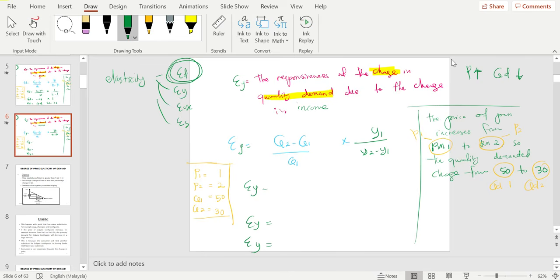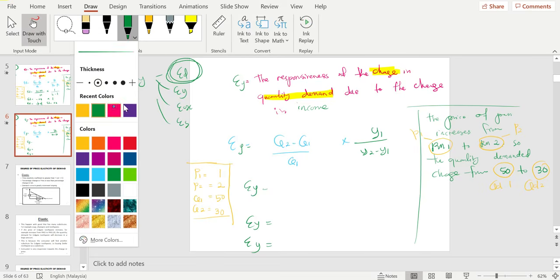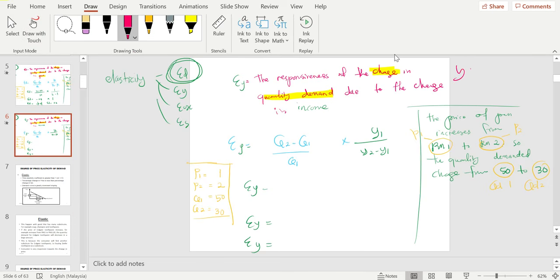Alright, so here is the relationship between income and quantity demanded. When income increases, what happens to quantity demanded? The rule of thumb is that when our income increases, of course we would like to purchase more.